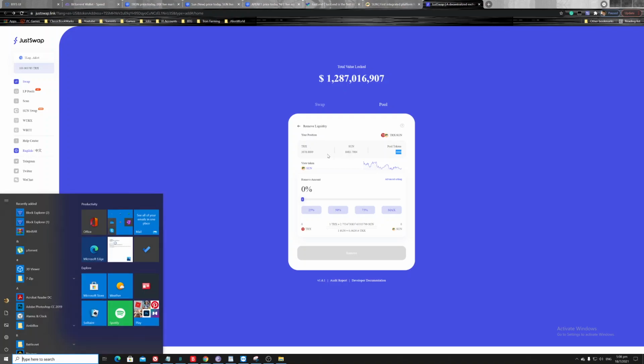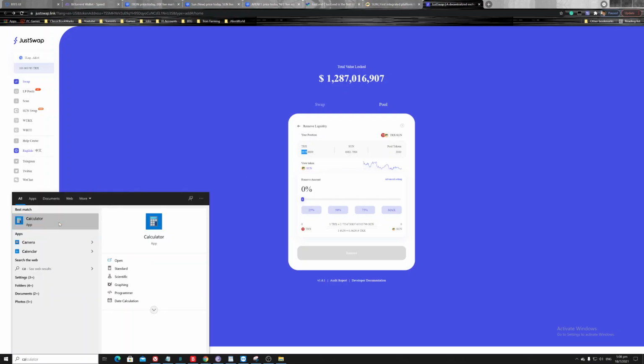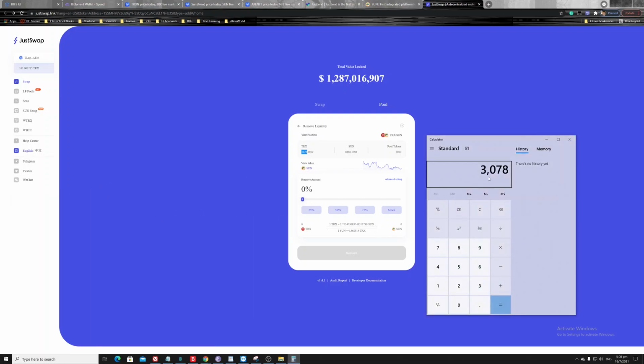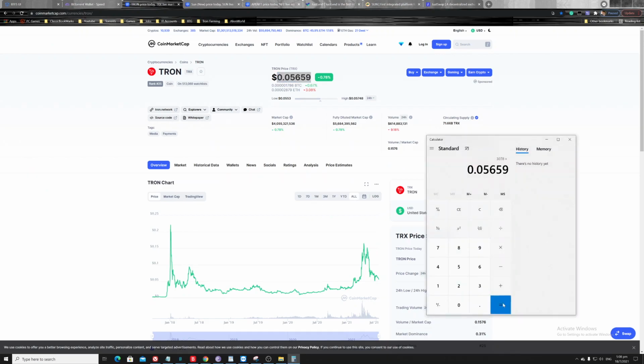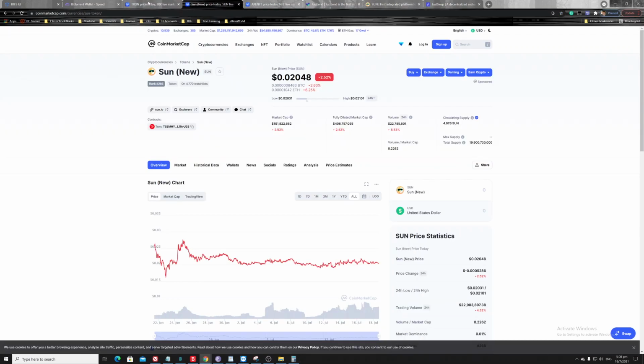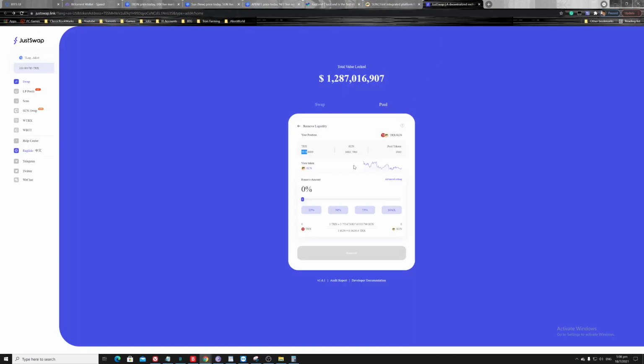Let me do a quick calculation here: 3,000 times how much a Tron is. Basically, this is telling me my equivalent for the TRX, equivalent to my Sun.